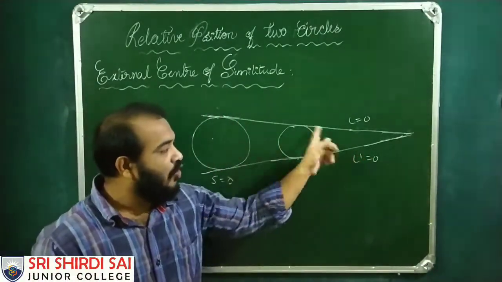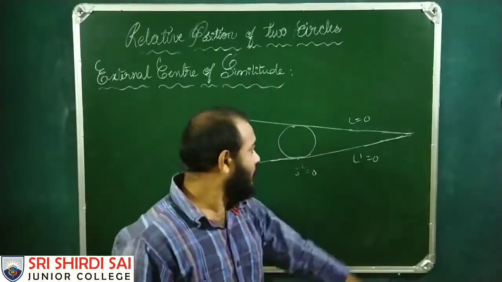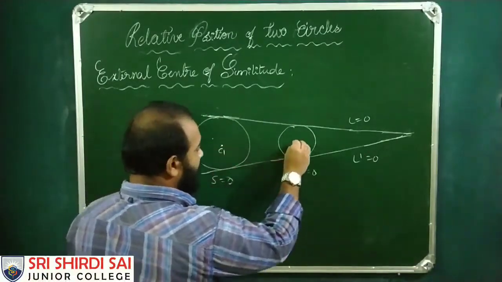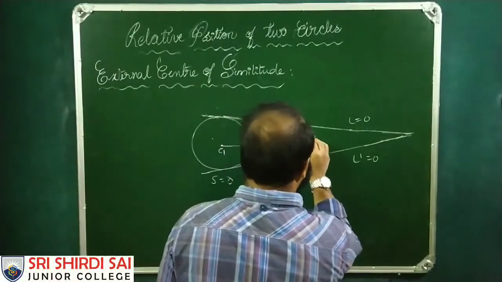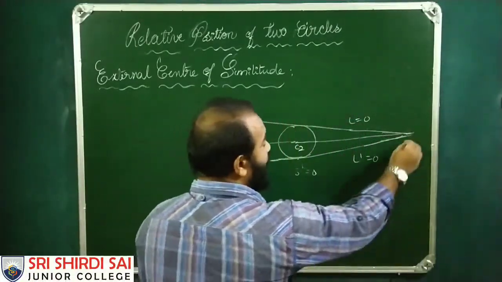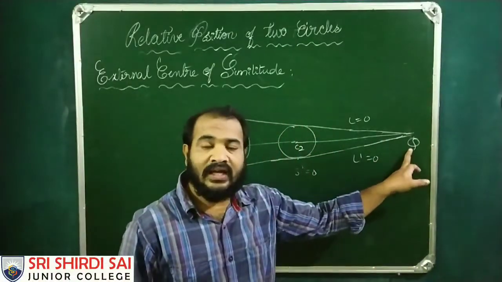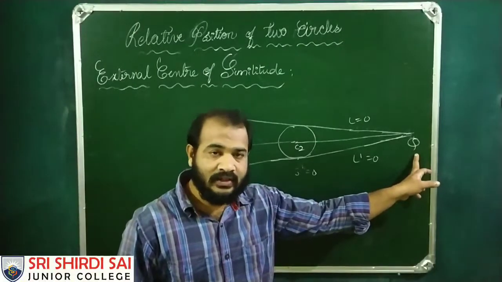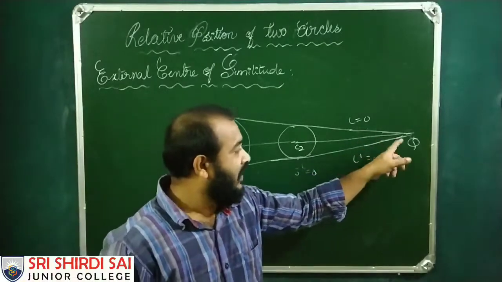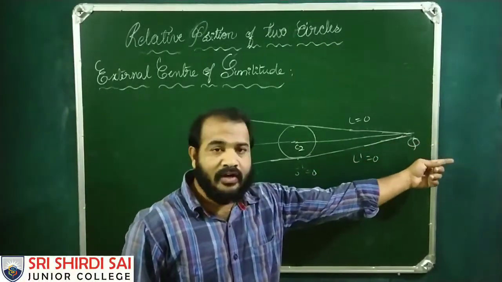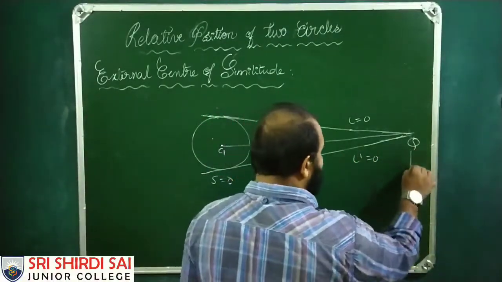These direct common tangents are meeting at one point. For example this is C1 and this is C2, and this is the line joining C1 and C2. If I extend this, let us take the point Q. The point Q is lying on the external part of the line joining the two centers. That is why it is said to be the external center of similitude.